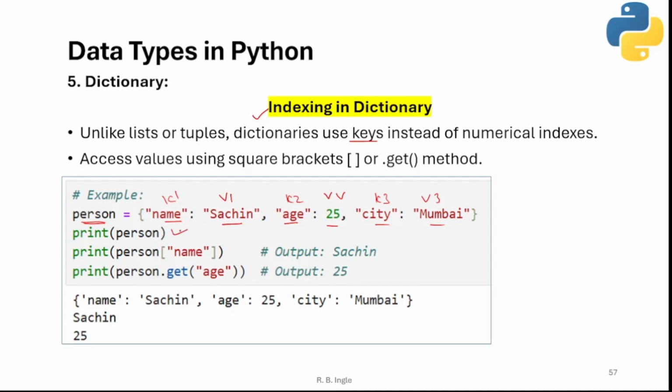I am printing person, person is the name of the dictionary. Here it is printing in the same sequence as it is ordered in the newer version of Python. Now I am writing person with the key name, so I am writing name, then it will give the value Sachin. If I write person.get age, it will give 25, or simply I can write person of age, and the output will be 25. That is how it can be done.